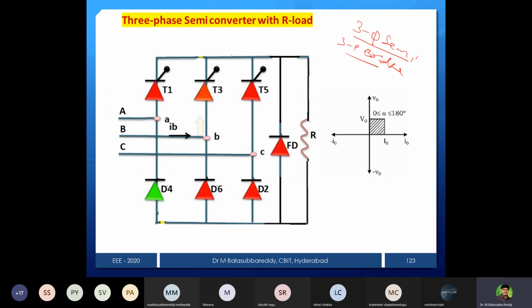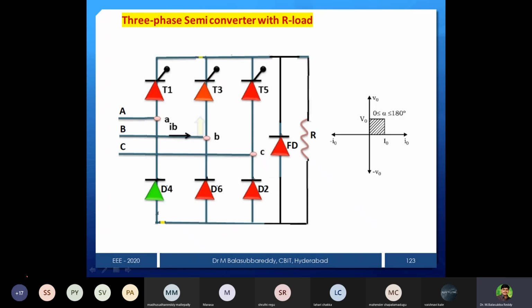In a bridge type converter, the output is a line to line voltage, because you can see there are upper group devices and lower group devices. Let's consider that the upper group devices are 1, 3, 5 and 4, 6, 2 is the lower group.